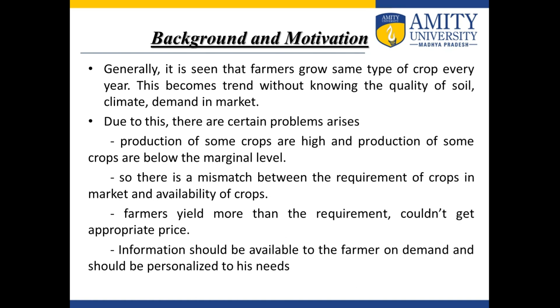Generally, it is seen that farmers grow the same type of crop. Obviously, this is the tradition that we are following. What do you want to say here? What exactly is the idea of your research? If we talk about the UP state, the farmers here are generally growing wheat and rice, these types of commodities.